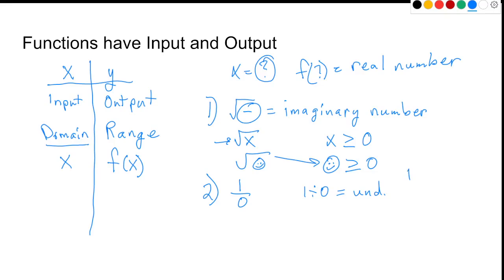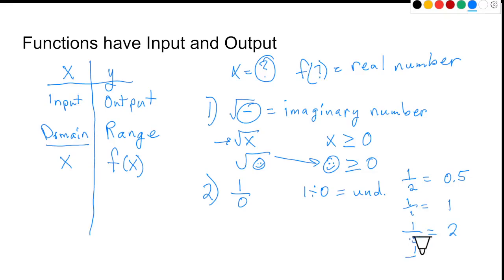So you take 1 divided by 2, what's that as a decimal? It's 0.5. 1 divided by 1 is 1, so notice the denominator is getting closer to 0, and we are getting larger. We went from 0.5 to 1. If we divide 1 divided by 0.5, notice getting closer to 0, we're going to get to 2.